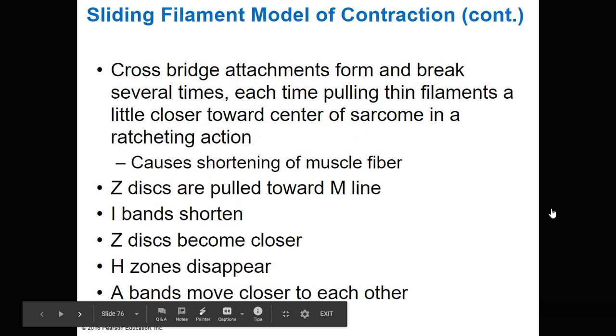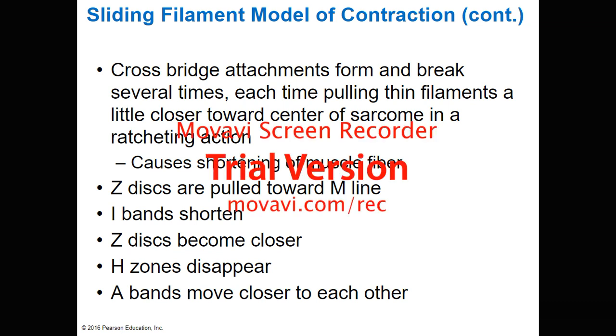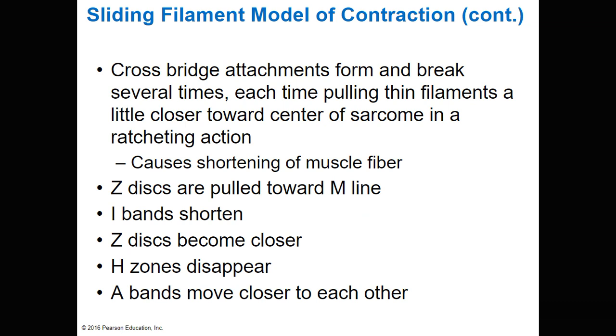Cross bridge attachments form and break several times, each time pulling thin filaments a little bit closer toward the center of a sarcomere in a ratcheting action, causing shortening of the muscle fiber. So the Z discs are pulled toward the M line, the I bands shorten, and the Z discs become closer. The H zone is going to disappear, and the A bands move closer to each other.